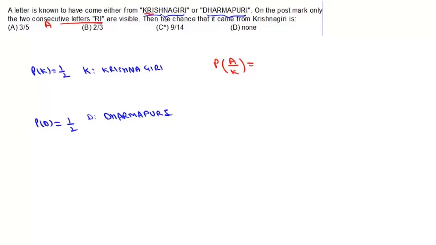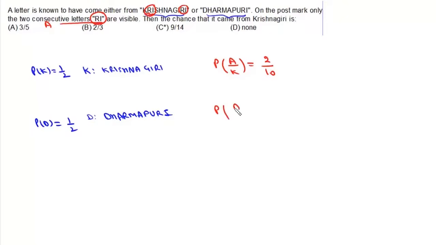Now in this case, n is 11, so 11 minus 2 plus 1. There will be 10 ways. And our favorable case is when RI is visible. Now we get RI here and we also get RI here. So this probability will be simply 2 by 10.